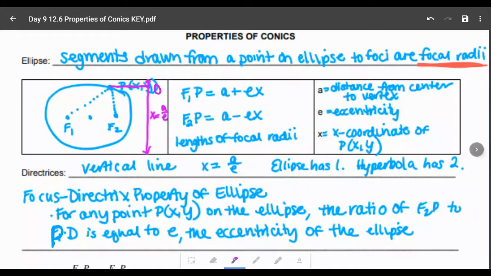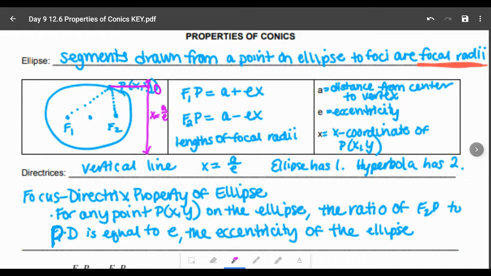The Focus-Directrix property of an ellipse is that for any point P, which we're going to call x comma y, on the ellipse, the ratio of F2P, which is the distance from the second focal point to point P, to PD, which is the distance from P, the point on the ellipse, to a perpendicular point on the directrix, which is shown in the purple, is equal to E, which is the eccentricity of the ellipse.